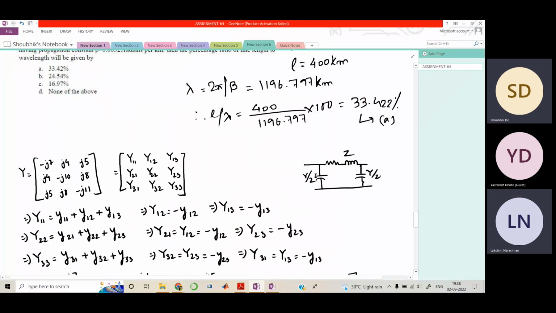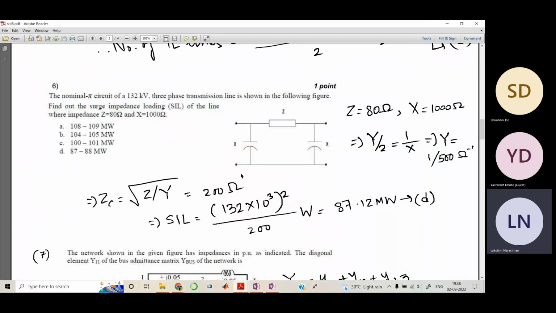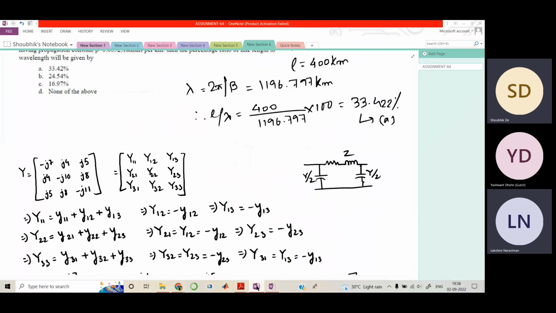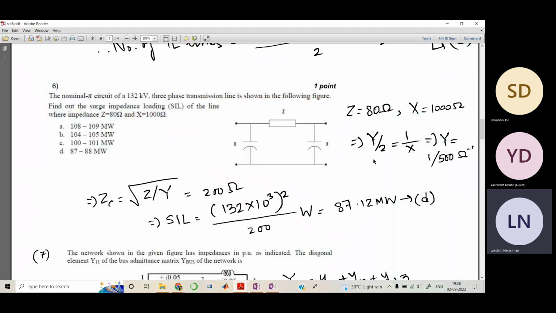Each of these capacitances is given the value of X only, and they have not given the value of Y by 2. So here is the confusion. You have to match this circuit with this circuit and then find out the value of Y.